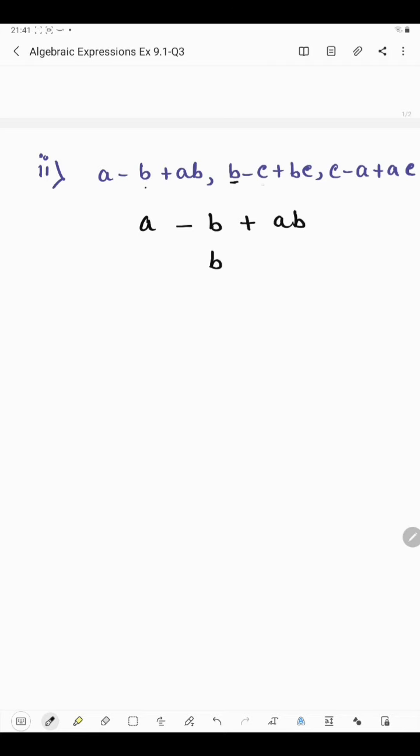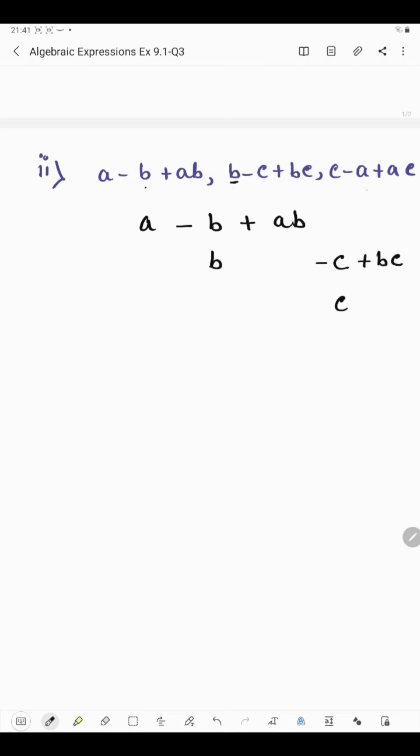Now minus C. The C term is not present here, so we will put it at the end, not below any variable. Now plus BC. The BC term also is not present, so BC also should be written at the end, not below any variable. Now coming to the third expression, we have C, so C should be written below C, and as the sign of C is positive, we have not put any sign.